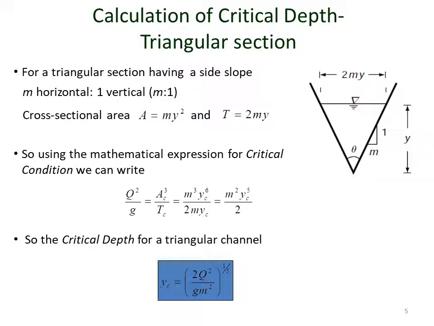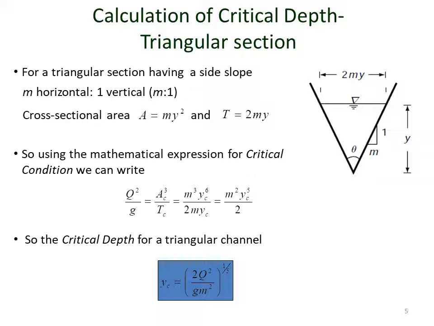Now from the rectangular channel, let's move on to a channel of another cross section, and let's discuss open channels of triangular cross sections. So we can see an open channel with a triangular cross section on the right, with the diagram of it.